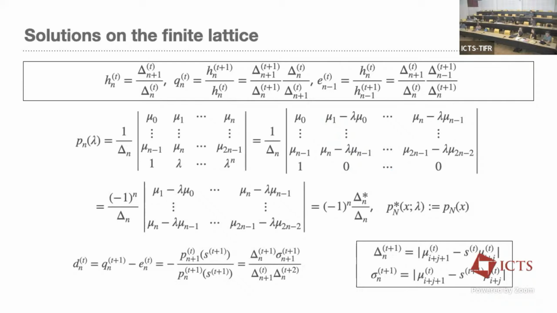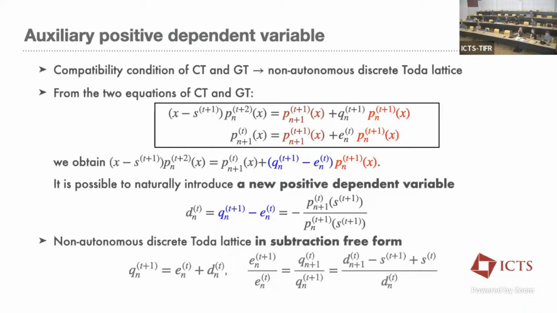The d in the, so d is a little bit different because it includes sigma there. Yes. And what does it mean? Yes. First, I'd like to show this d_{n,t} is given in this way. So this is our equation which introduces this dependent variable d_n. So you see, if we put x to the s plus 1, this term will disappear.